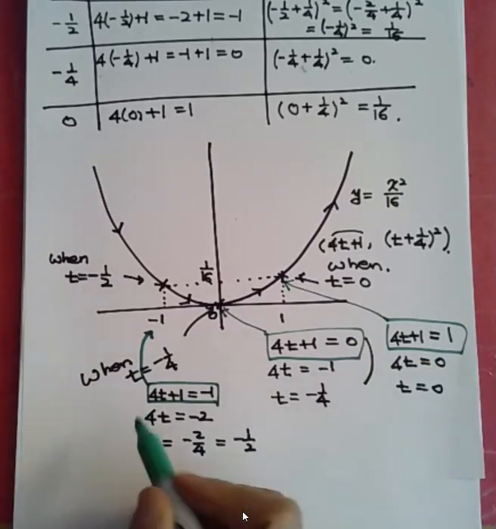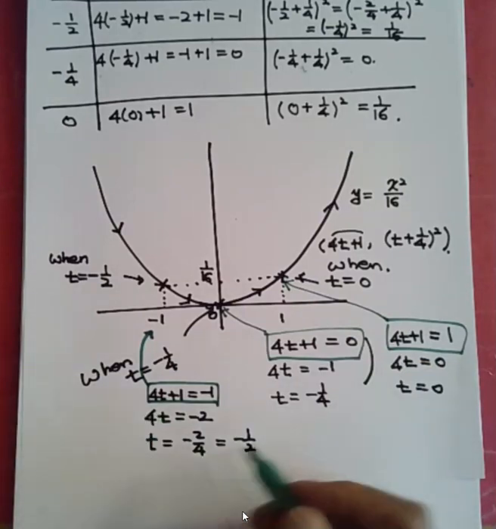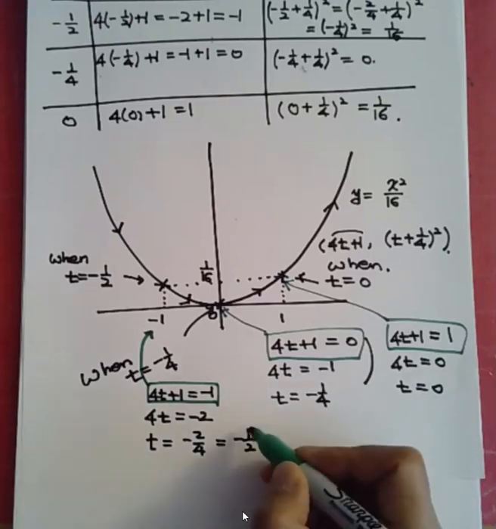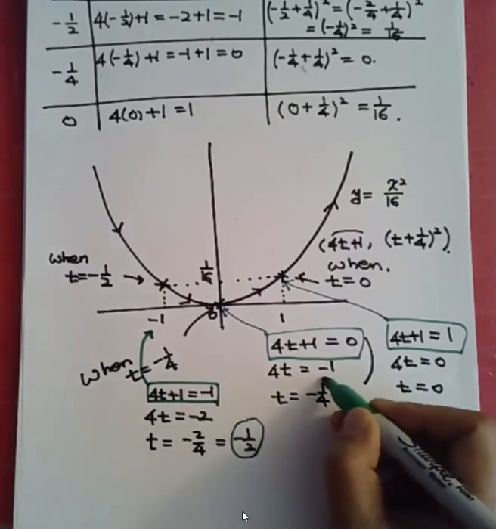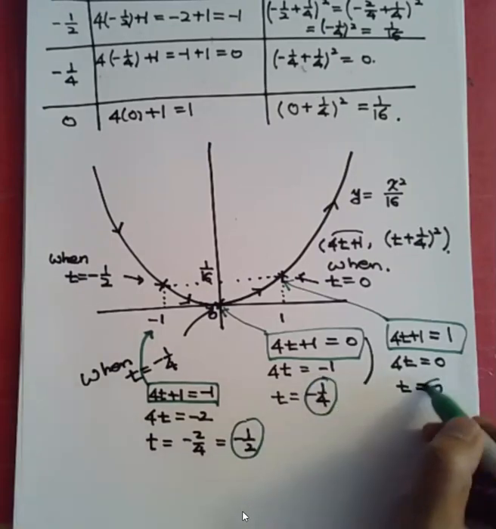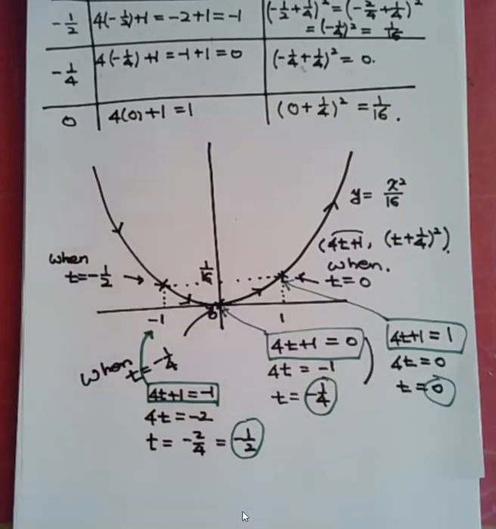And then I solved for t, and then I got -1/2 and -1/4 and 0. But if you have any other number preference, then you can also plug that point as t.